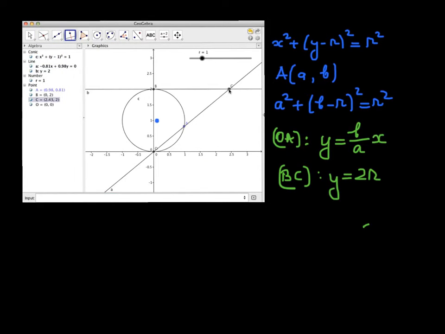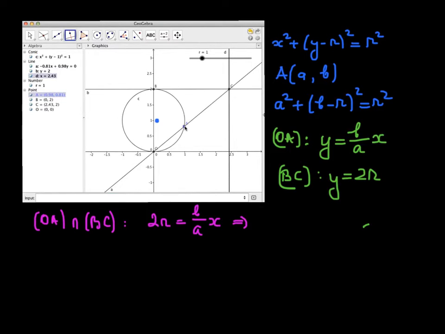Then we intersected the two lines, and we found the point C. This is what I am going to do now. So we intersected OA and BC. So 2r equals (b over a) x.